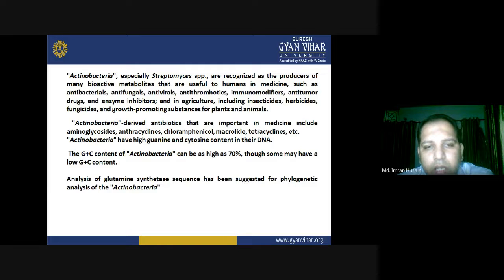Actinobacteria have high guanine and cytosine content in their DNA.